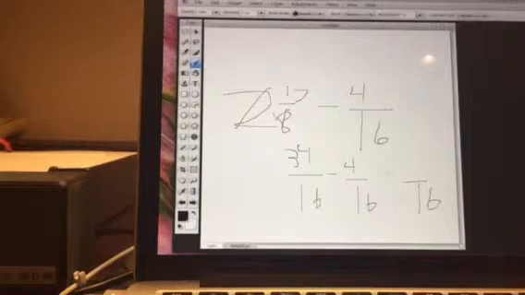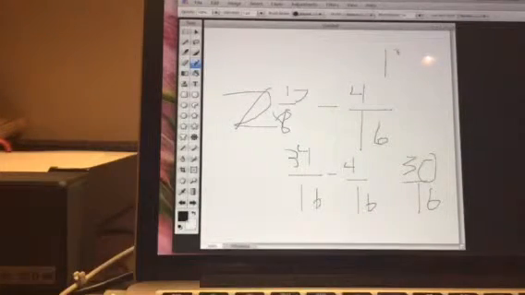And so we subtract both numerators, so 34 minus 4 is 30. And 16 can go into 30 only once, and we have 14 left over, so 1 and 14/16, it can be simplified into 7/8. So 1 and 7/8 would be our final answer.